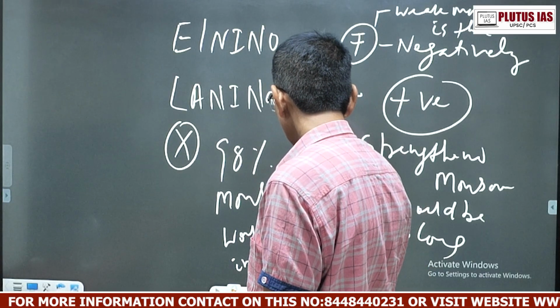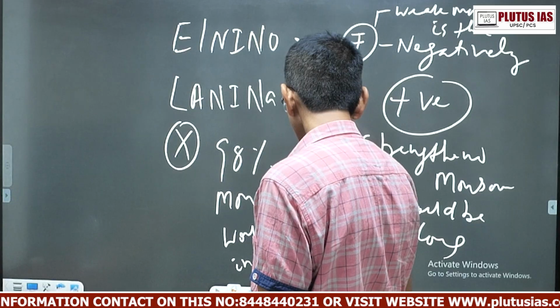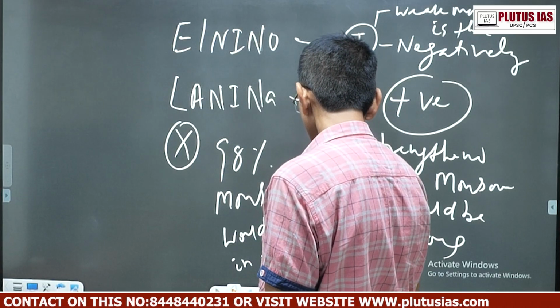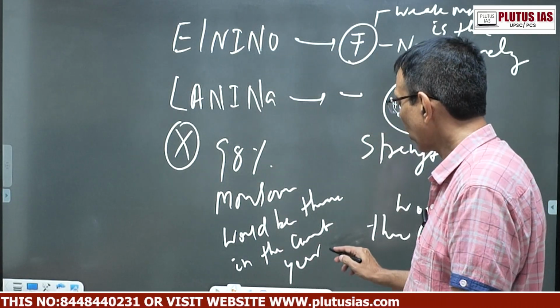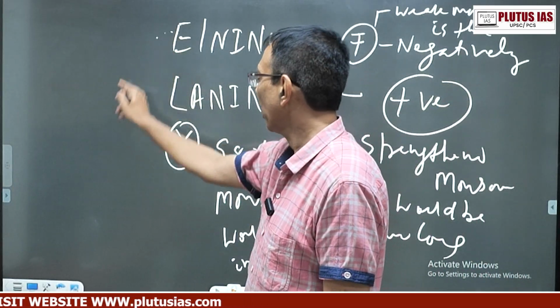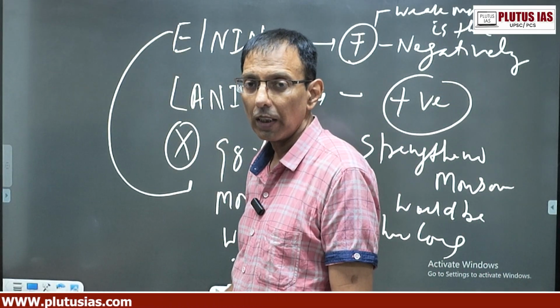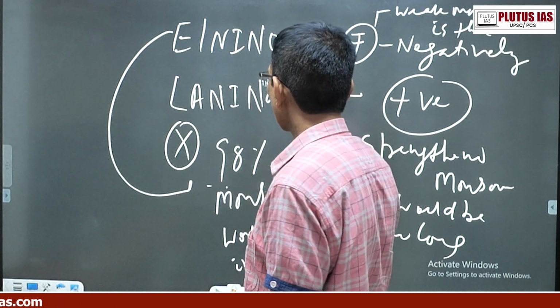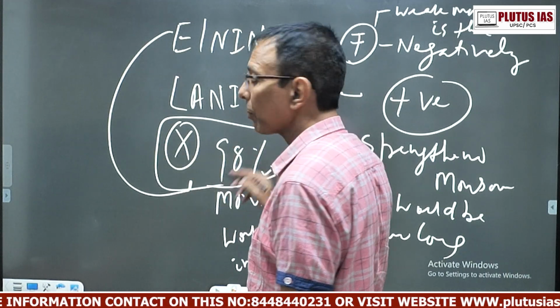in the current year. With the impact of El Nino, this year monsoon would be reduced to 98%.